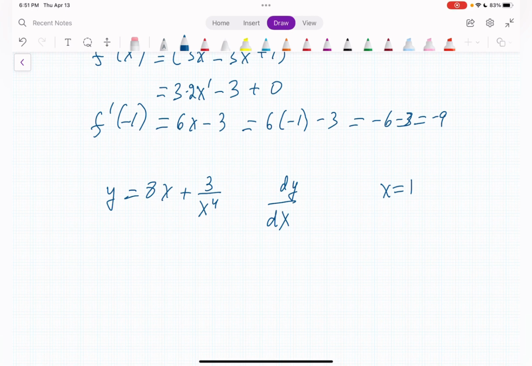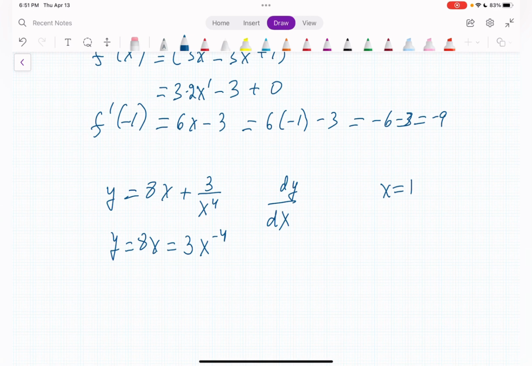First of all, I'm representing 3 over x to power 4. That is equal 3 times x to power negative 4, because I don't want to deal with fraction.